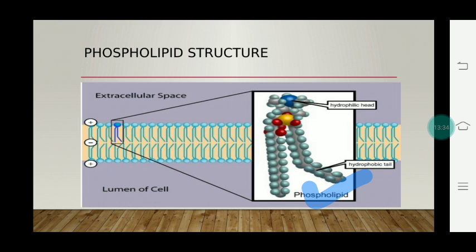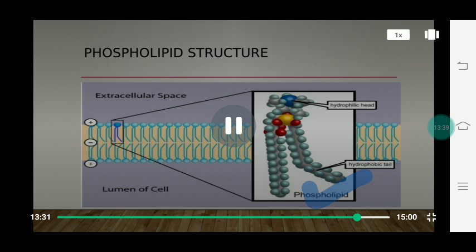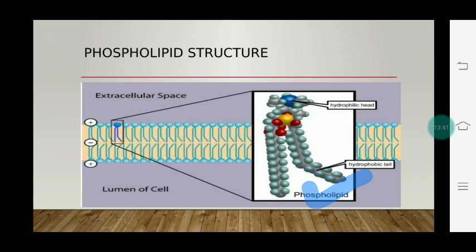So, it's all about the lipid bilayer of the plasma membrane. The plasma membrane is made up of lipid bilayer and some kinds of protein. The lipid bilayer is made up of two layers.